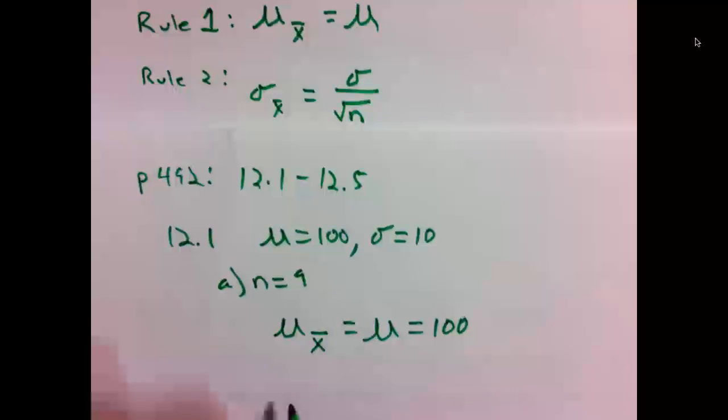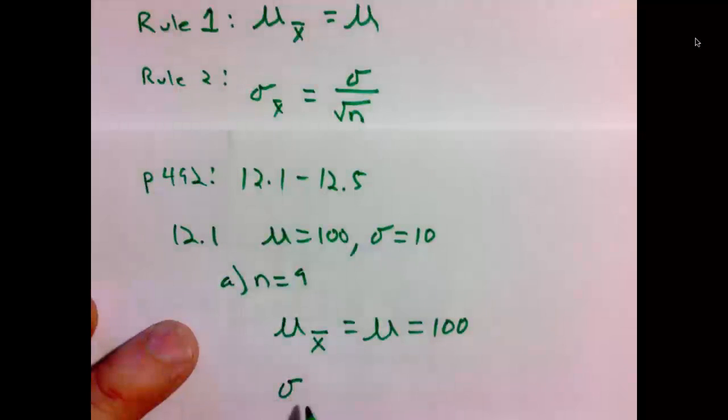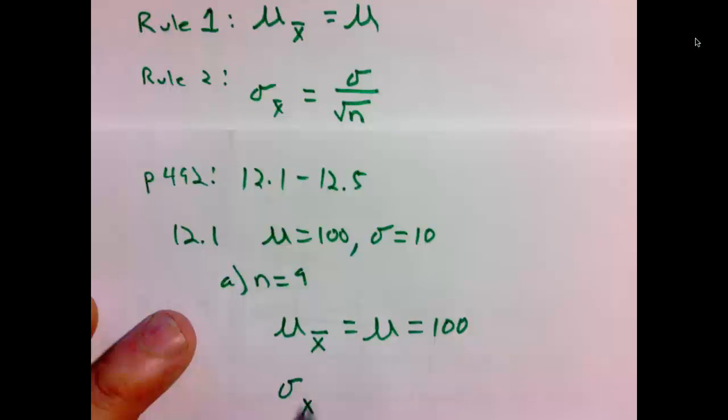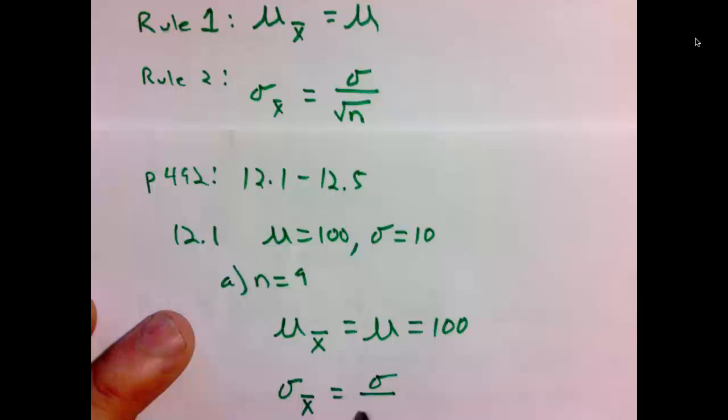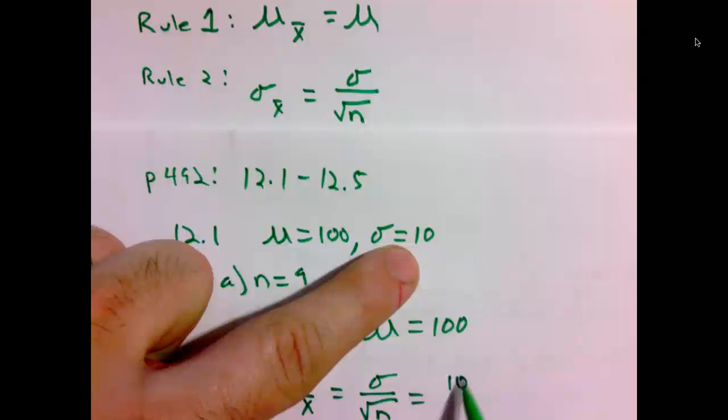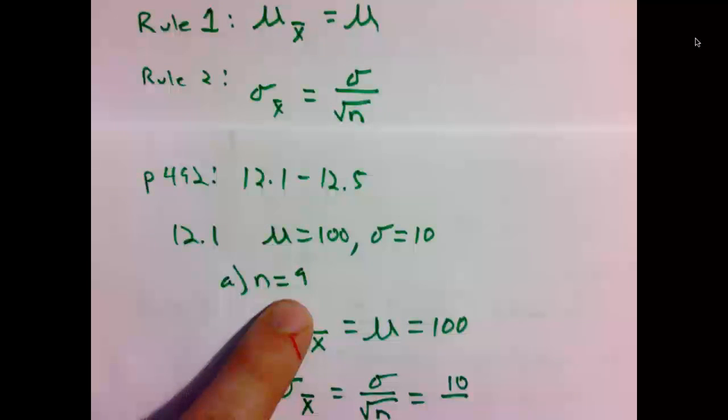The standard deviation of our x bars, our sample mean, is going to be our population standard deviation divided by the square root of n. So in this case, our population standard deviation is 10. Our sample size is 9.